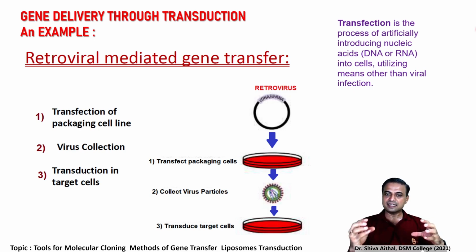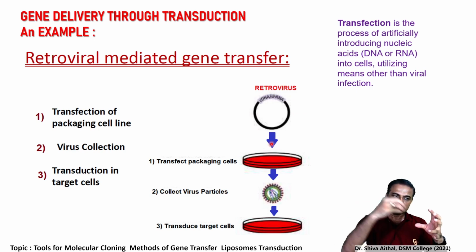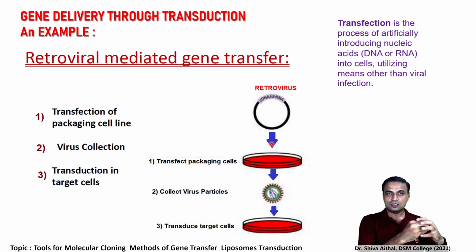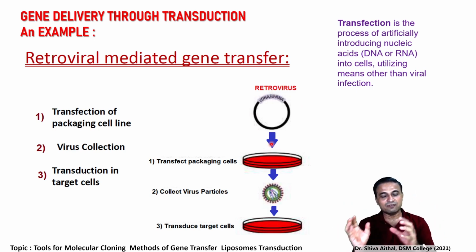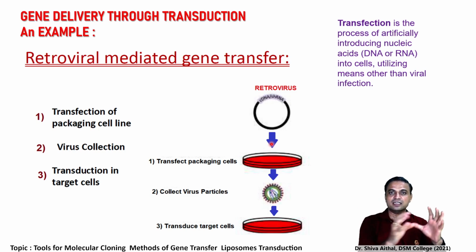We are taking a viral gene, replacing the virulent genes with our gene of interest, then introducing this into the cell body. While introducing this into the cells, we are not using the method of viral infection, but it is artificial in the laboratory, that is called transfection. So transfection of the packaging cell line is the first step.